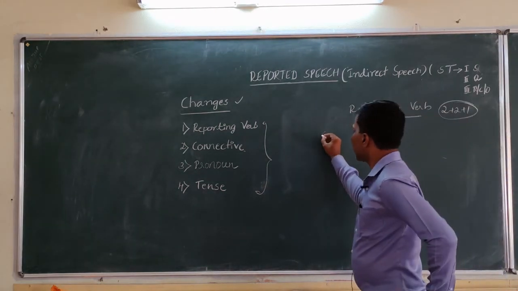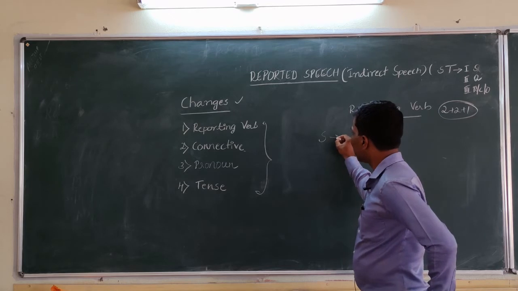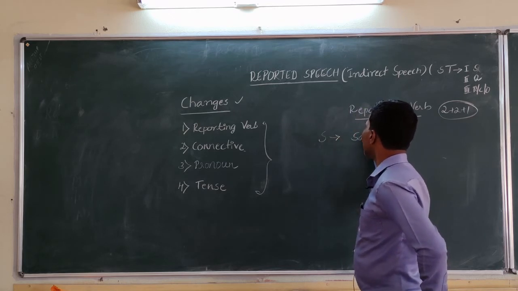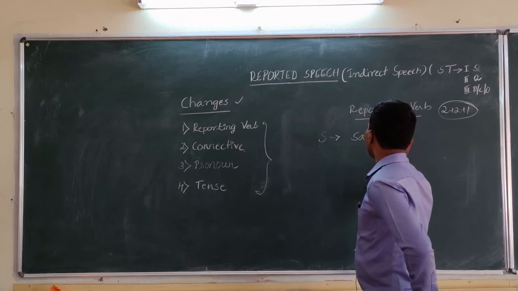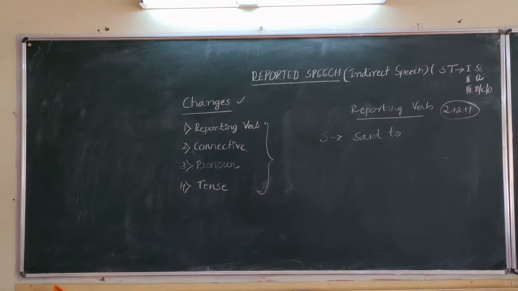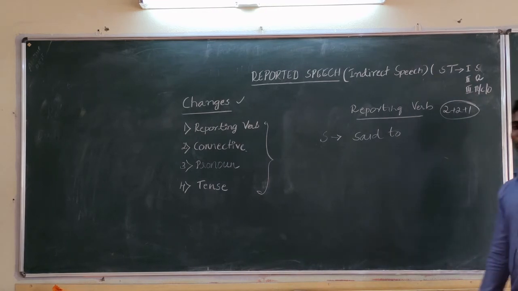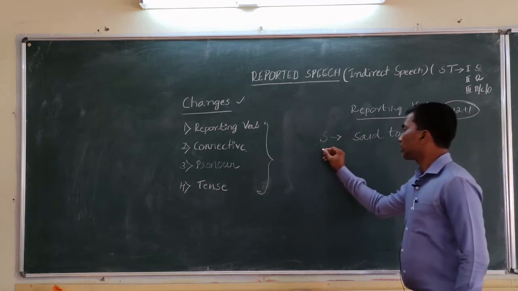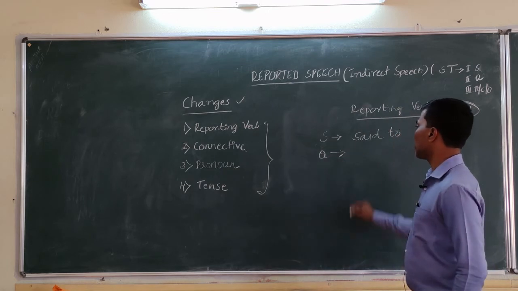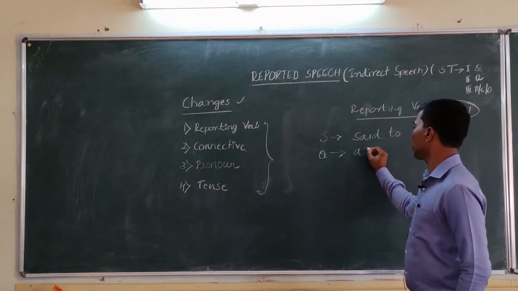First, when there is a statement, the reporting verb that you need is said to. For a statement, said is the reporting verb, and you should go for to. Why? It's because of a particular reason. I'll let you know later. Now, second type, when you see a second type question, you have to go for the reporting verb asked.